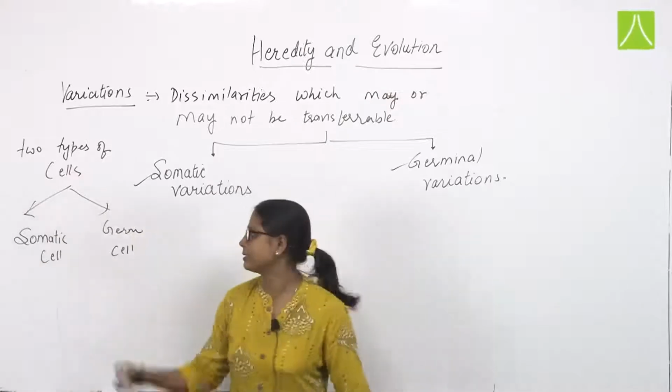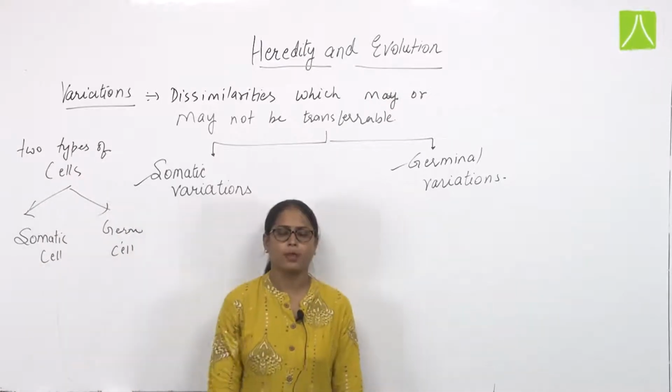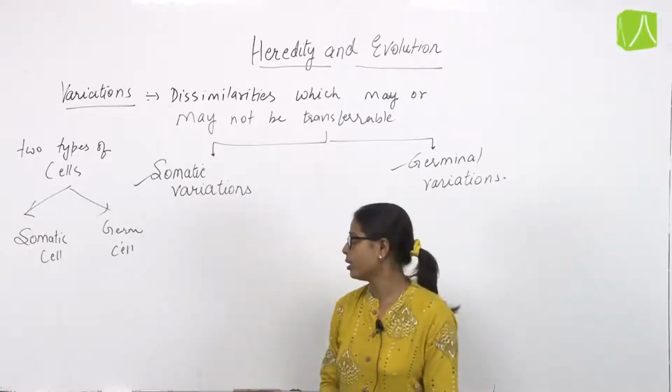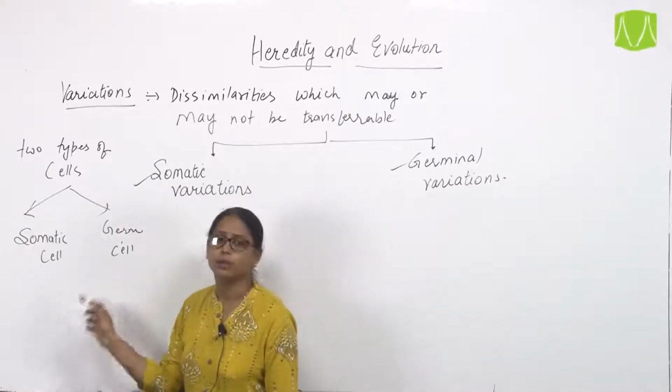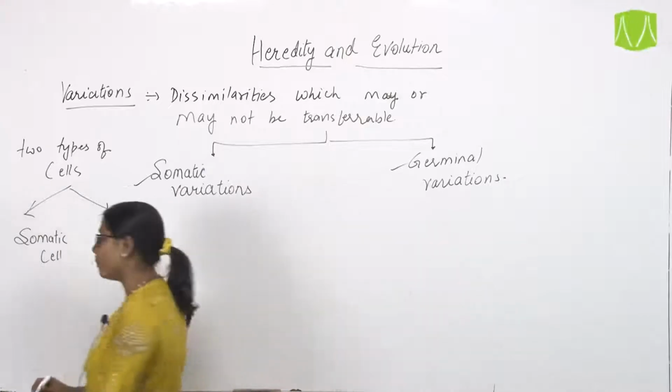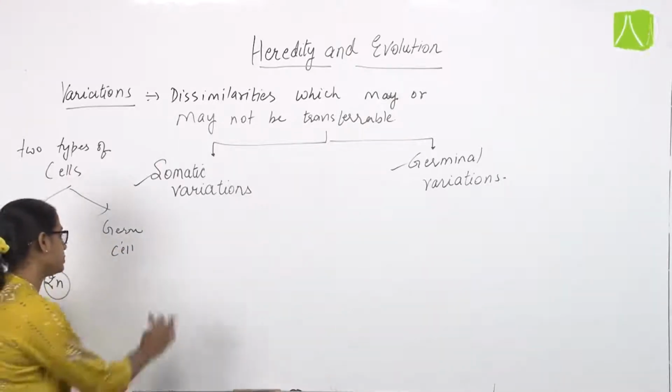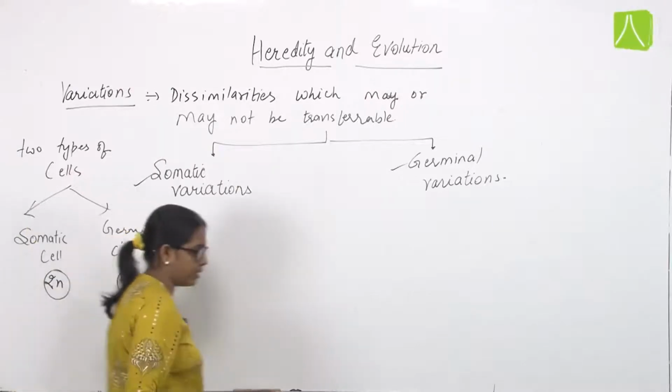Now what is a somatic cell and what is a germ cell? The basic difference between the two types of cells is that the somatic cell has the chromosome set as diploid, and the germ cell has the chromosome set as haploid.